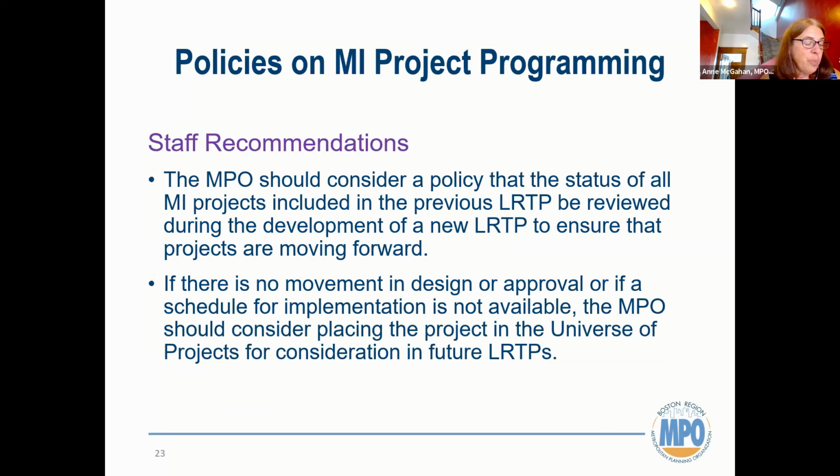If there's no movement in design or approval, or a schedule for implementation is not available, the MPO should consider placing the project in the universe of projects for consideration in future LRTPs. And this will allow availability of major infrastructure program funding for projects that are currently being designed or those that require approvals from Federal Highway and Federal Transit. Next slide.